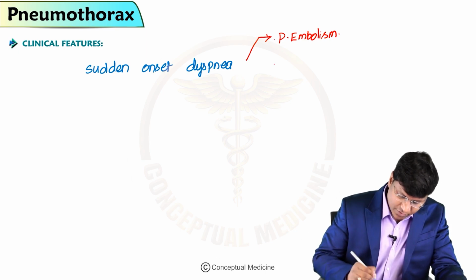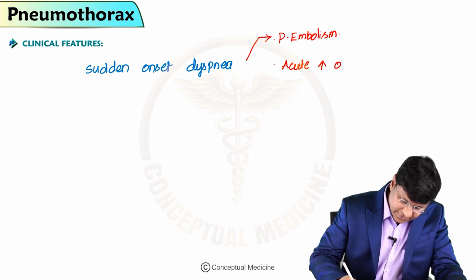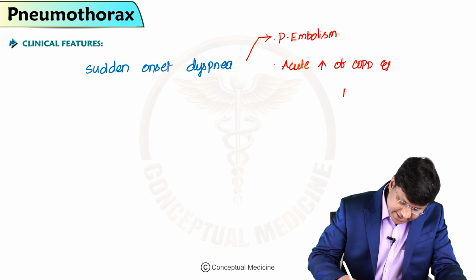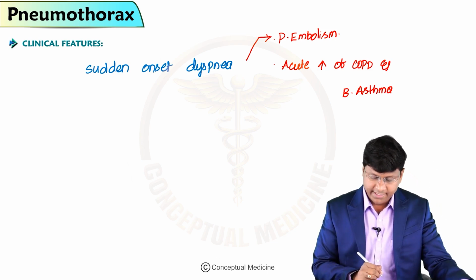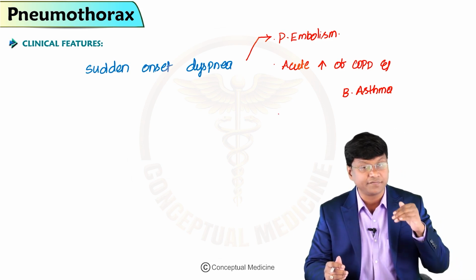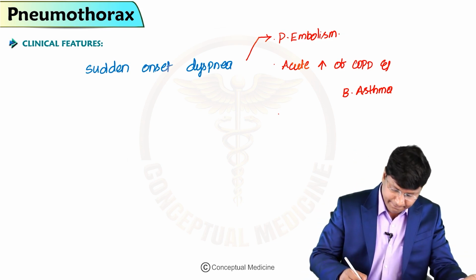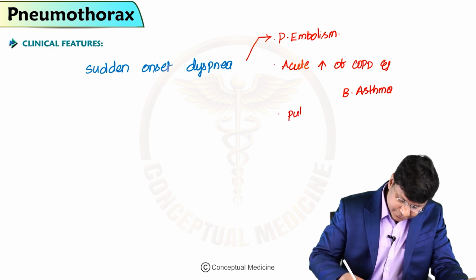You can have sudden onset dyspnea in acute exacerbation of COPD and acute exacerbation of bronchial asthma. Another important etiology is pulmonary edema, particularly secondary to acute left ventricular failure, which we call cardiogenic pulmonary edema.